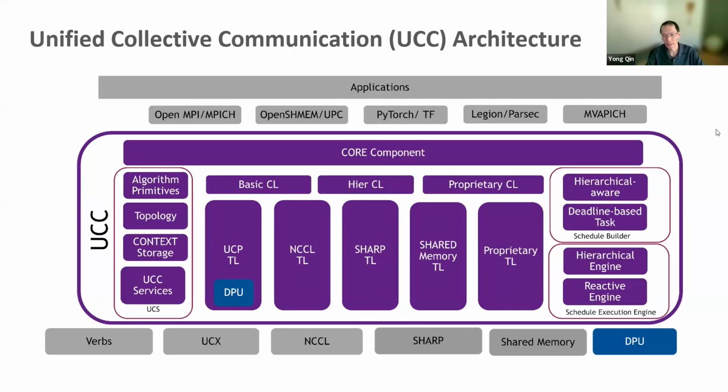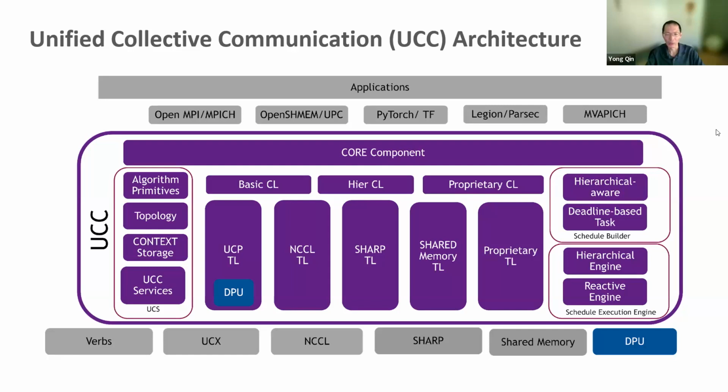The first one is the blue box at the bottom, which is the underlying hardware or the resource abstraction. And then within the UCC framework, which is within this purple frame, you can see that we have multiple transport layers, such as UCP, NICO, shared memory.